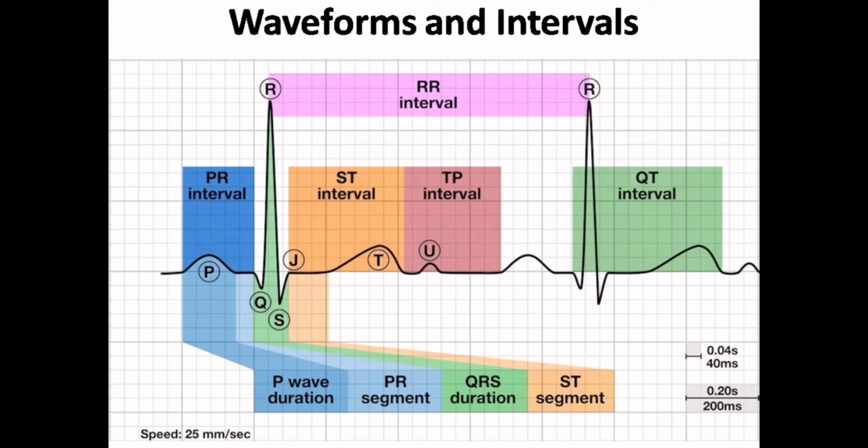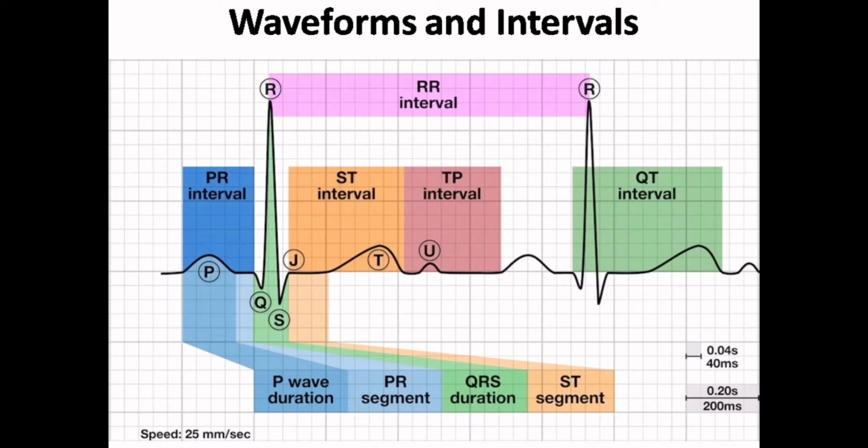Also there are some segments like PR segment, ST segment, and the ECG will be recorded at a speed of 25 mm per second. And regarding the ECG grade, I will speak later on in this lecture.